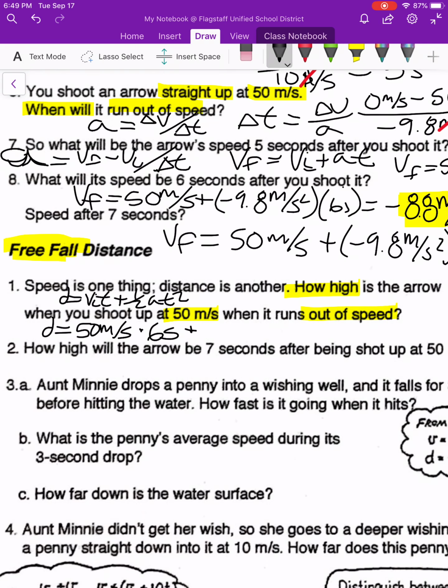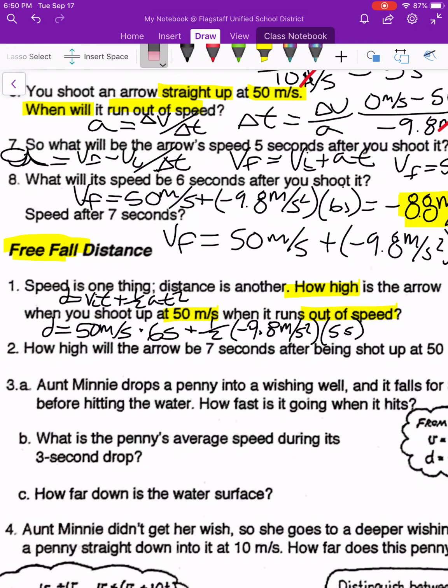Okay. Plus 1/2. Acceleration is negative 9.8 meters per second squared times 5 seconds. Okay, so we get out our calculators. Whoops, did I say 6 seconds over here? This is supposed to be 5 seconds.